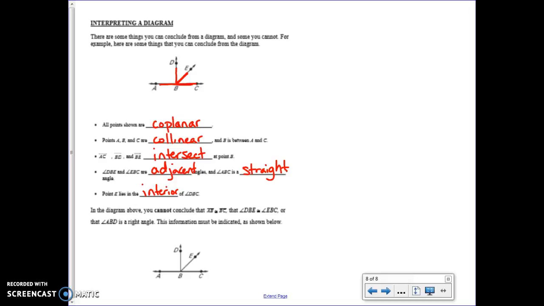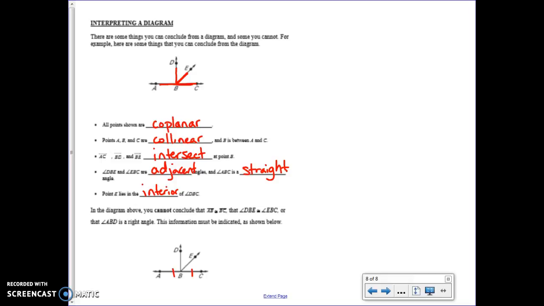But here are some things you might be tempted to say that we can't actually conclude. We don't actually know that AB is congruent to BC. To show that AB is congruent to BC, we would have to put those tick marks in there to show they're the same distance.